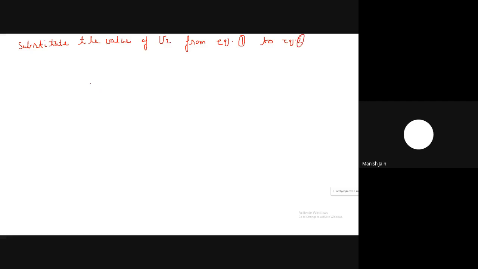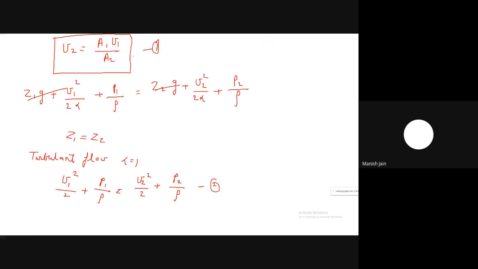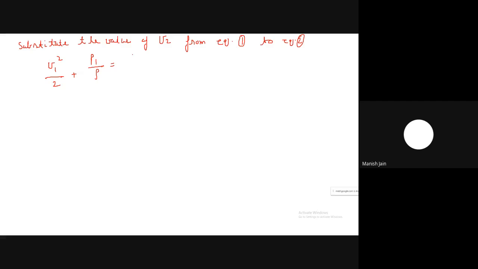You will get V1 square by 2 plus P1 by rho, that should be equal to, instead of V2 square, you have A1 by A2 times V1, so it becomes V1 square multiplied by A1 square divided by A2 square, divided by 2 plus P2 by rho.